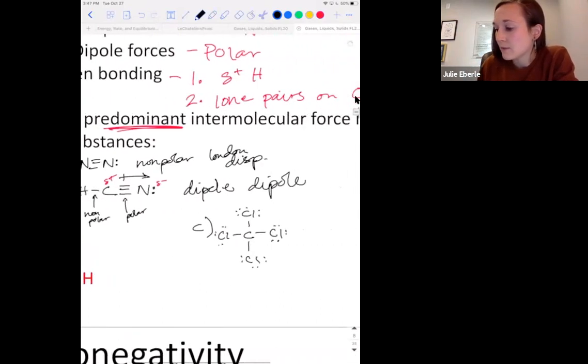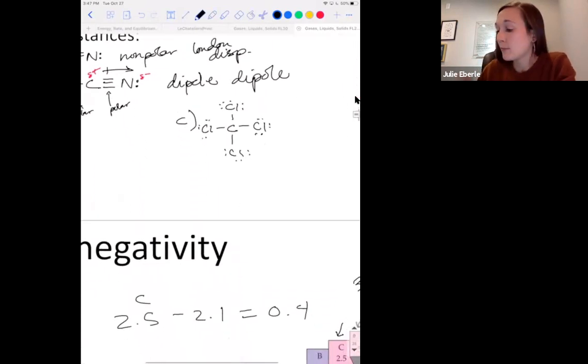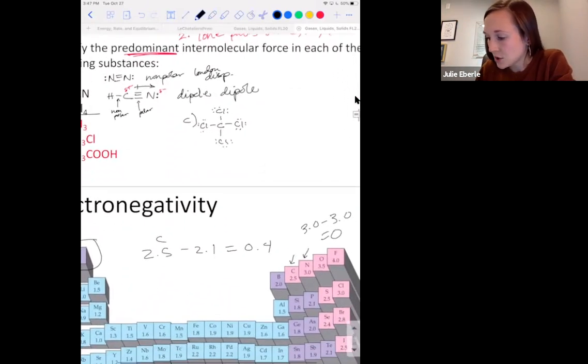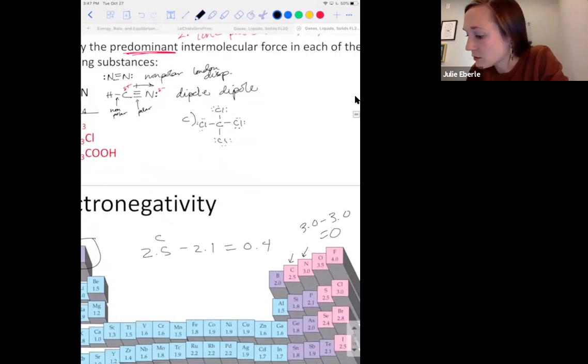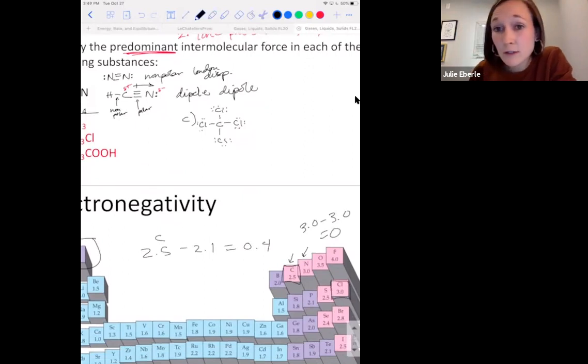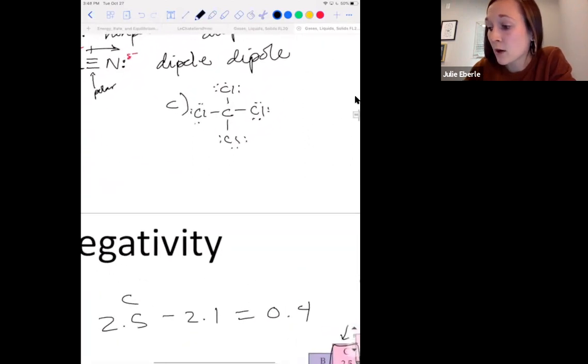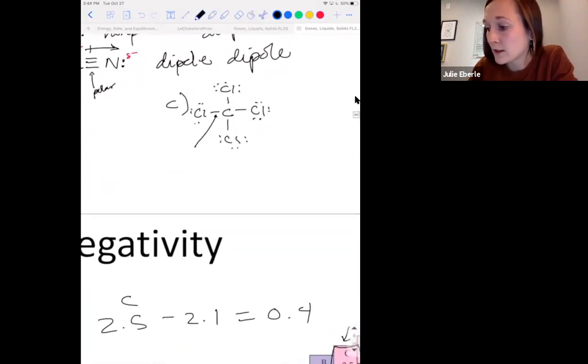Now, let's think about a carbon-chlorine bond. By the way, I will give you this electronegativity chart again for the exam on your resources page. Carbon is 2.5, chlorine is 3.0. So the difference between 2.5 and 3.0 is 0.5. So all these bonds are polar. Every single one of these is polar.